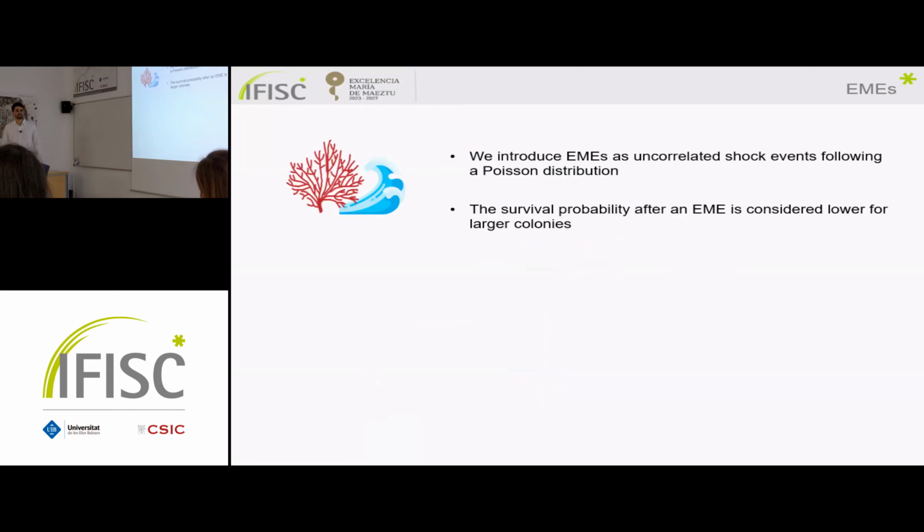We also introduced these extreme mortality events as uncorrelated shocks on the community, and we consider a survival probability that is lower for large corals. So large corals have more chances to die in one of these events.